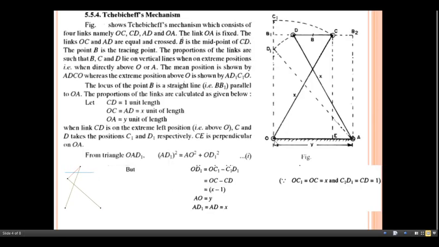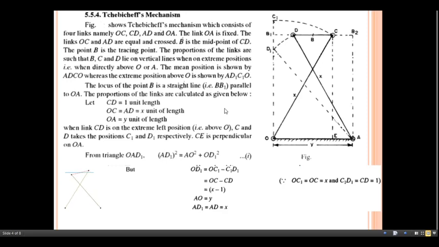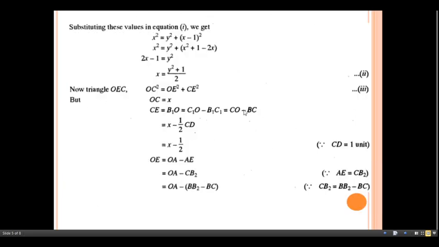So what about B1O? B1O is nothing but the total length OC minus this small length. The same is written here: B1O is nothing but C1O minus C1B1. At the same time, C1O is nothing but CO, and C1B1 is nothing but BC.